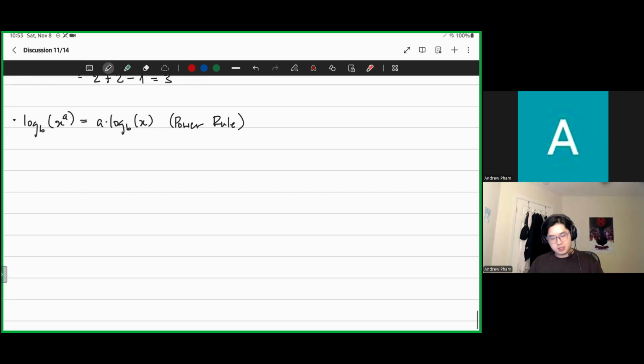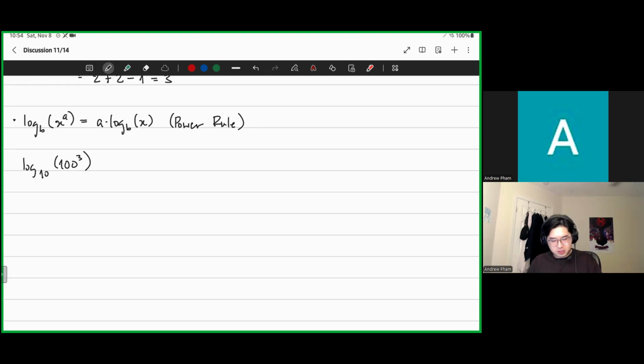So an example would be, let's say I had log base 10 of 10 to the 3. Oh, actually, no, let's not do 10. Let's do 100. And I want to ask myself, what power do I raise 10 to get 100 to the third power? That's really hard to think about if we want to think about it directly.